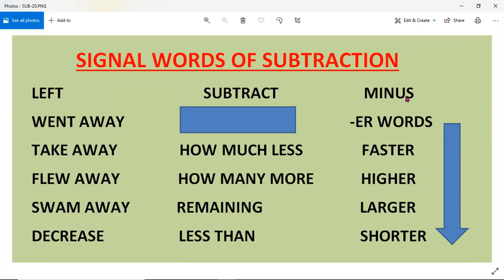Then finally, ER words, which end in ER, like faster, higher, larger, shorter. So whenever you find these signal words, then you can be sure that this is the word problem of subtraction.